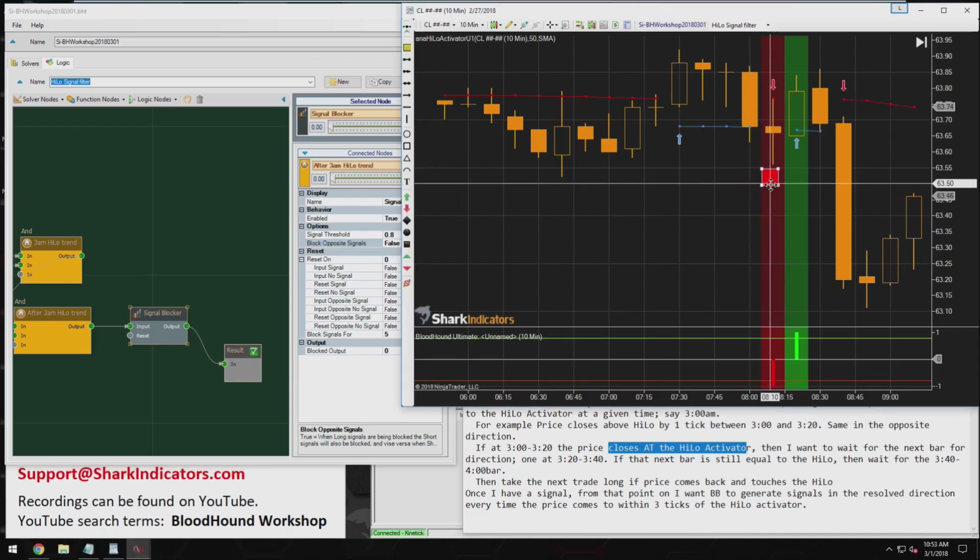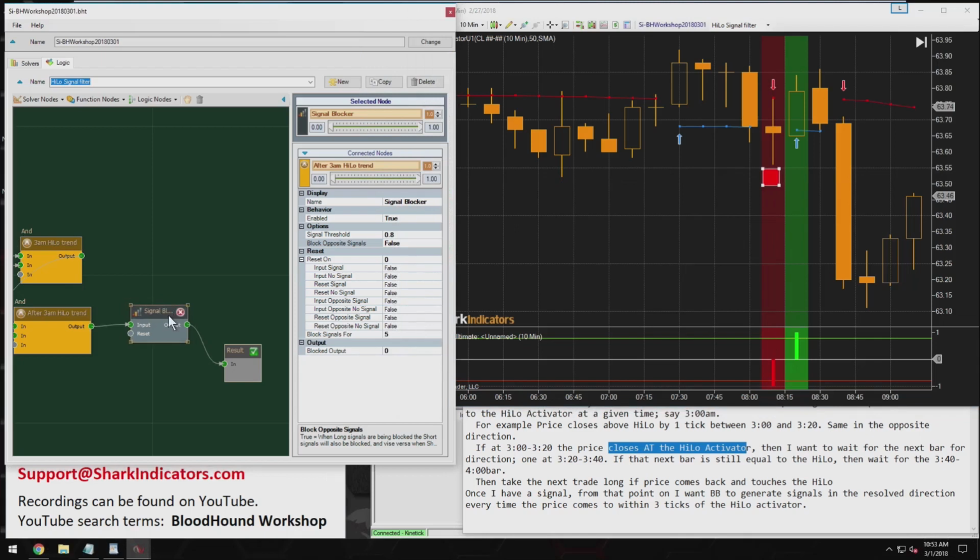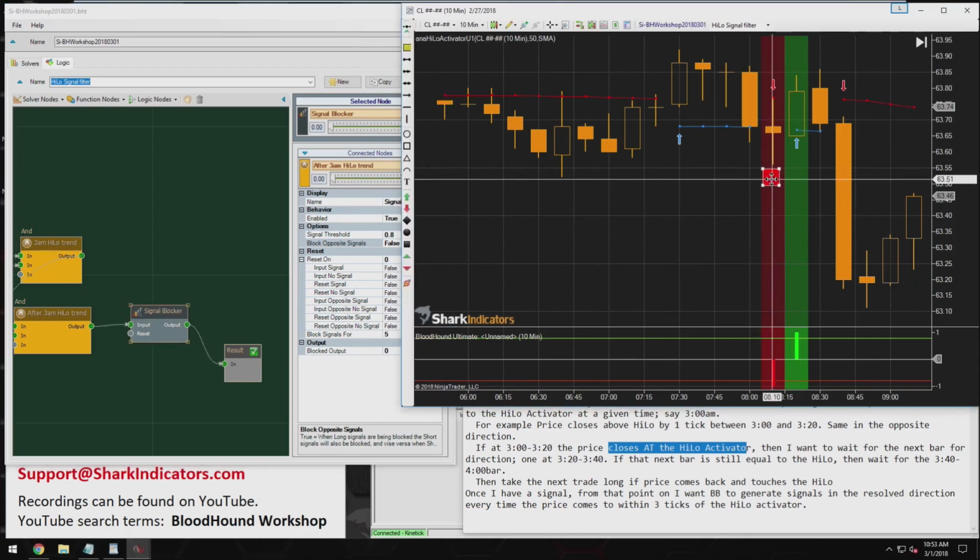Because you notice that we had a short signal, and then the trend direction flipped, and so a long signal was able to get through, right? When this short signal shows up, the signal blocker is only blocking short signals, and it will allow long signals to go through.